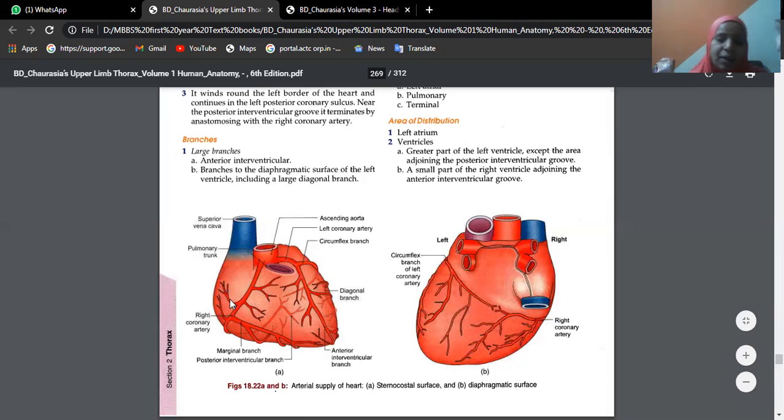All these are atrial branches. And the very first branch it gives, I told you recently, is the SA nodal artery, which gives its branch to the pacemaker. So these are all atrial branches which chiefly supply the right atrium.